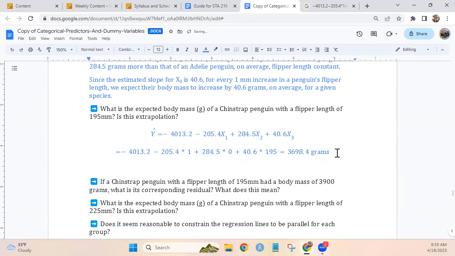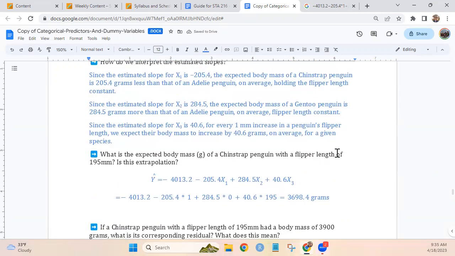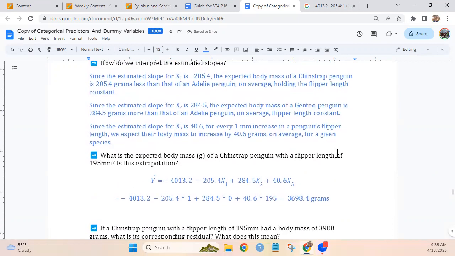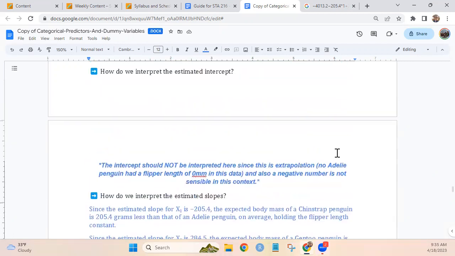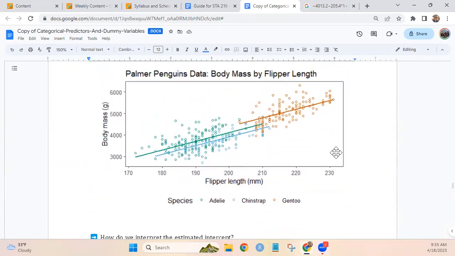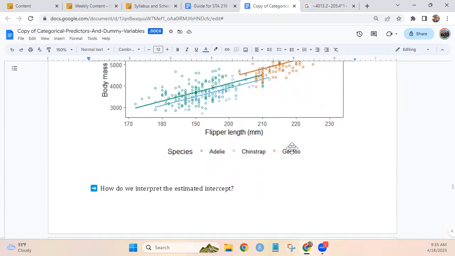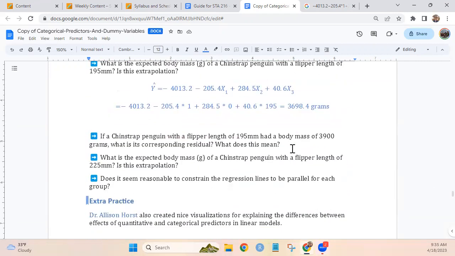Okay, so we got this predicted value, but was it extrapolation here? No. And why is it not? Because it's also in the prediction data set. Right, if we look here, 195 for a chin strap, which is the blue, there's a bunch of blue points around that area. So that's totally valid to get a predicted value there.